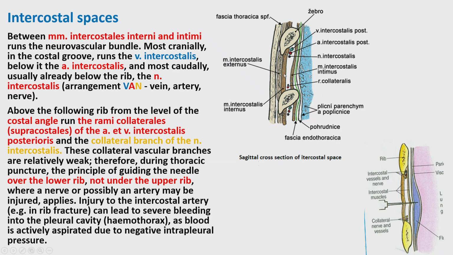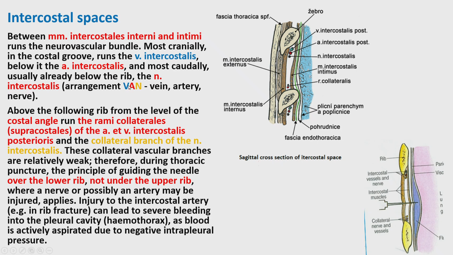So between these two muscles, you have three structures passing exactly below the ribs in the region of the costal groove, the groove of the ribs. They are the posterior intercostal vein, the posterior intercostal artery, and the most inferior one is the intercostal nerve.